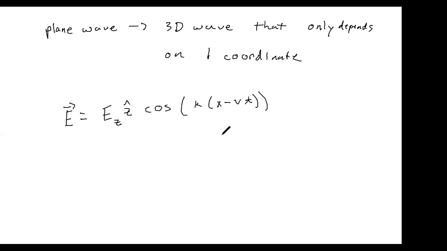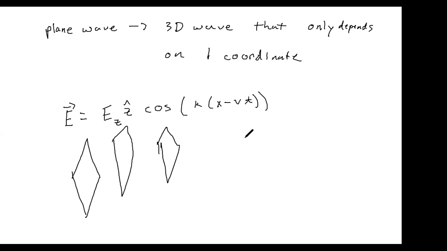Okay, so can you kind of try to picture that? If you were to plot level curves of constant magnitude electric field, the level curves of this only depend upon x. They don't change in y or z. So if you were to plot out surfaces of constant magnitude, it would sweep out a plane.